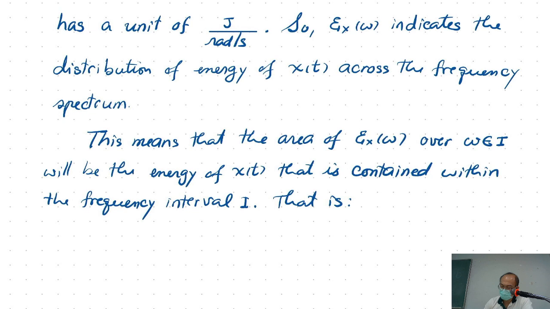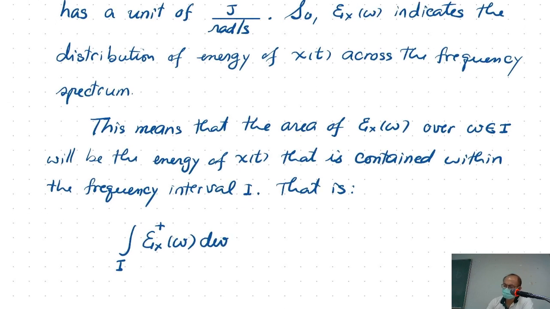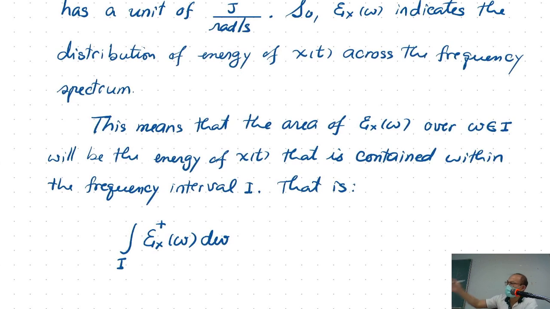What I mean is that if we integrate Ex plus d omega, the result from the integration would be equal to the energy of the signal X that is contained in the interval I. Of course, this is not the total energy.